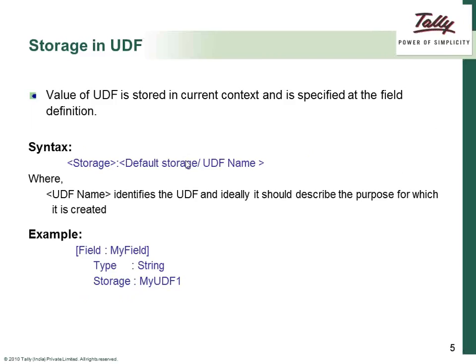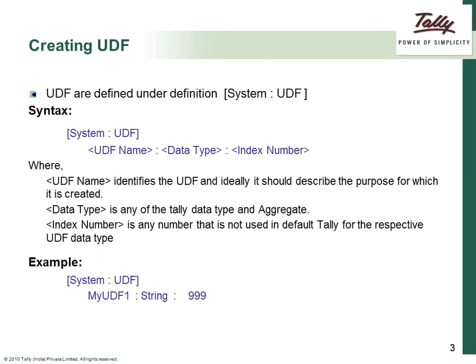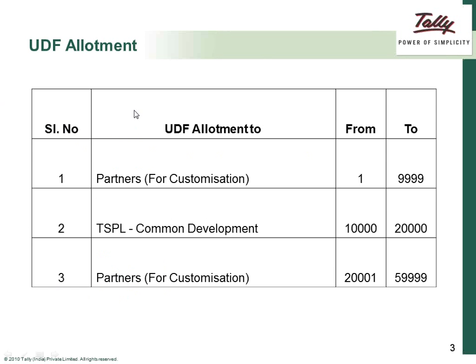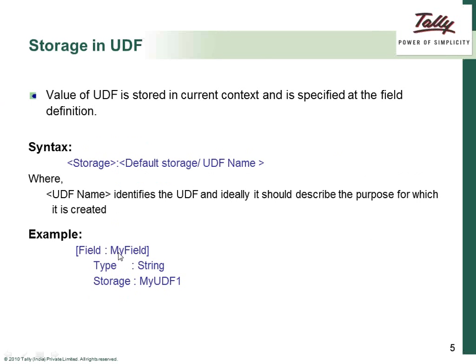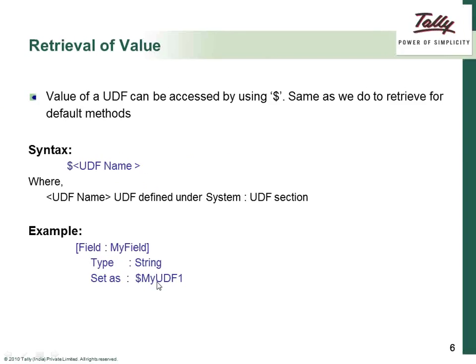What did I write at a set as? Absolutely, a method. And the method name is identified by which symbol? The $ sign. So this is my UDF defined. This is my UDF used for my storage, and this is my UDF to fetch my field value. Great, isn't it?